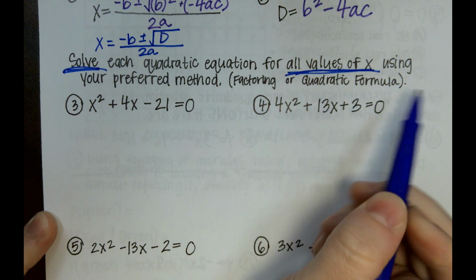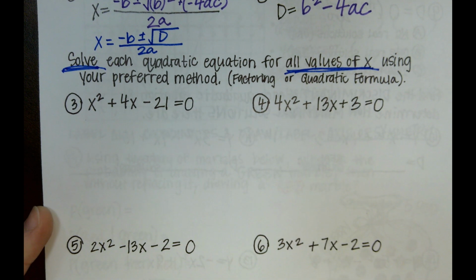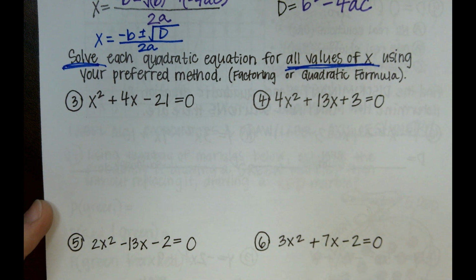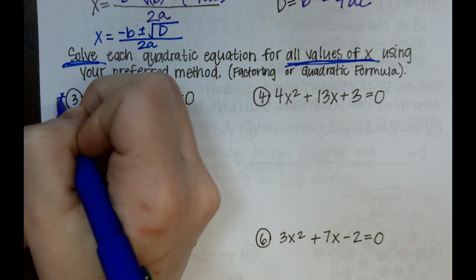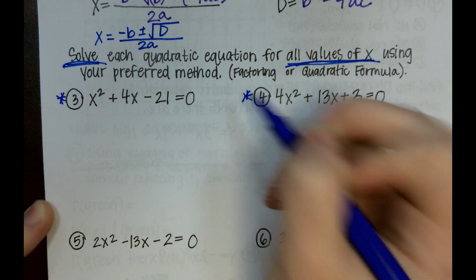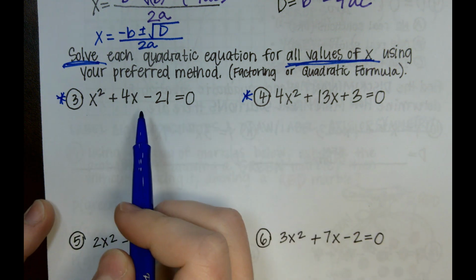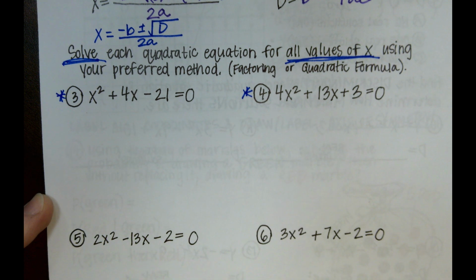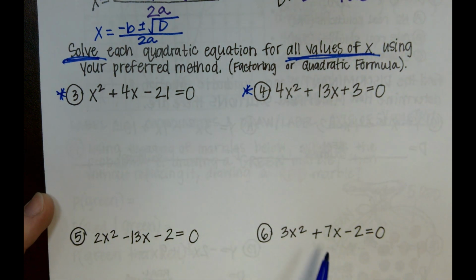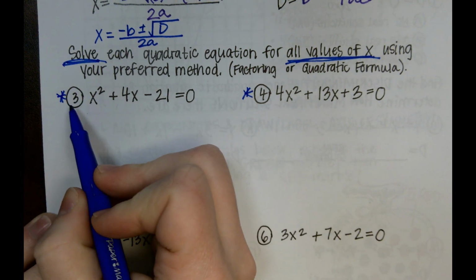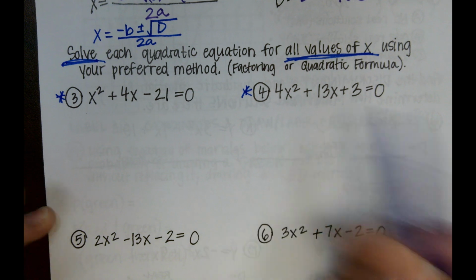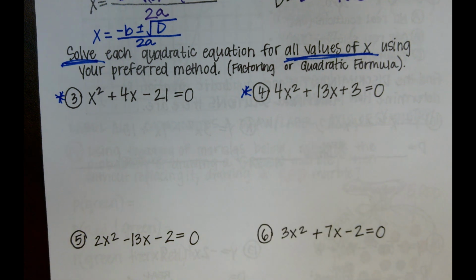You can use the quadratic formula for all 4 if you prefer. Only numbers 3 and 4 are factorable; I don't believe 5 and 6 are, though you can attempt them.